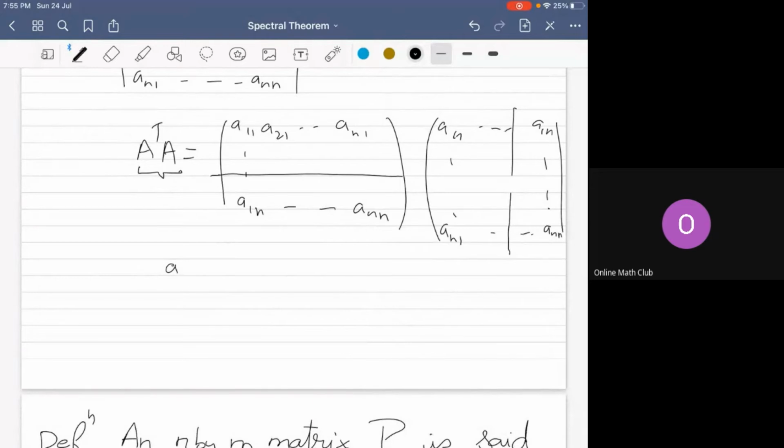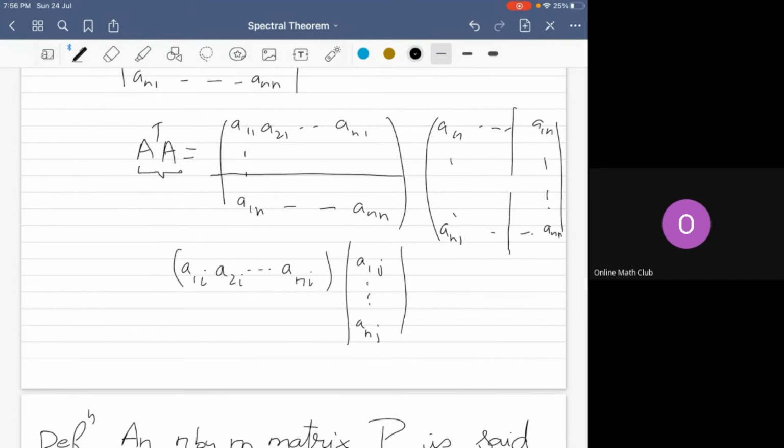The ith row of this would be a1i, a2i, ..., ani multiplied by the jth column, which would be a1j, ..., anj.